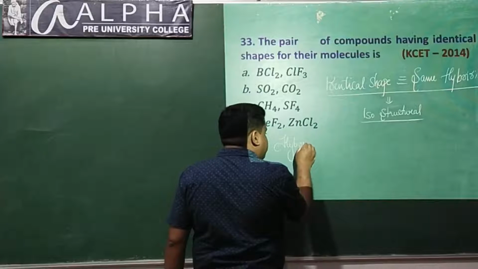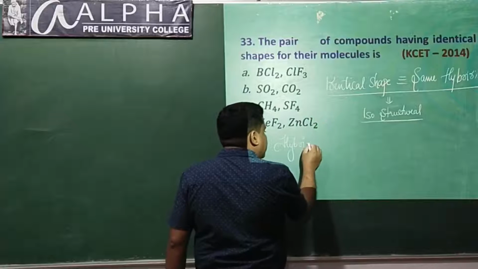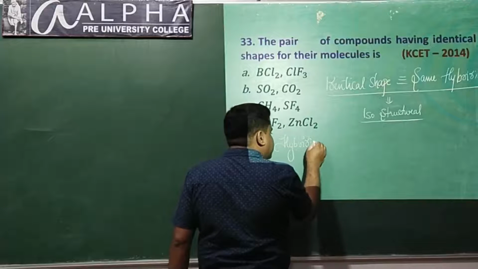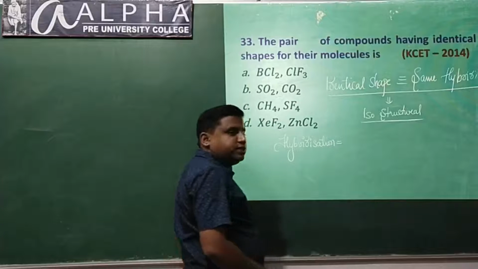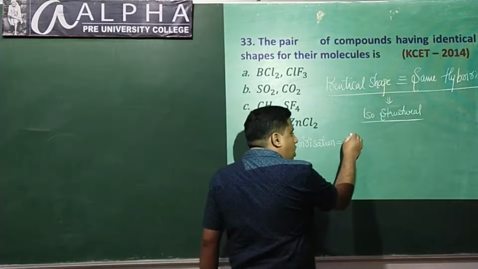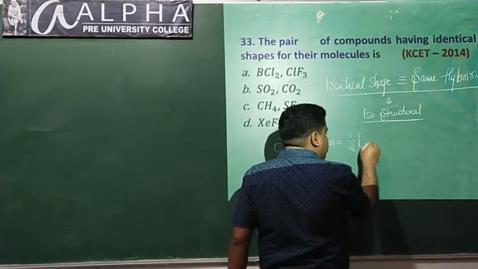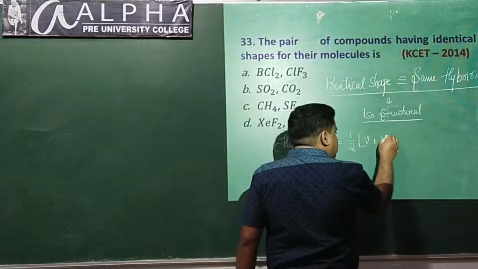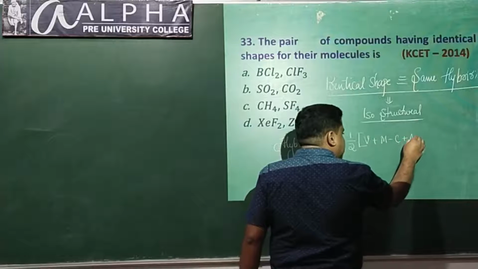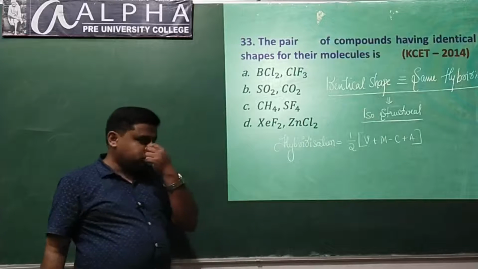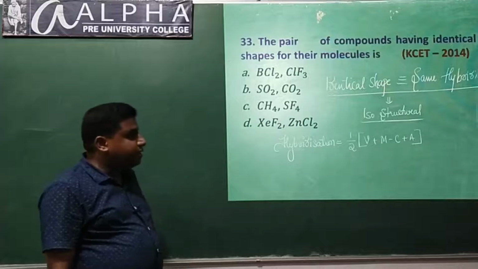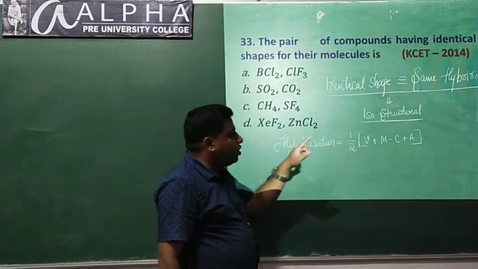By the way, what is the formula used to calculate hybridization? Hybridization is given by the formula half of V plus M minus C plus A. What is V?